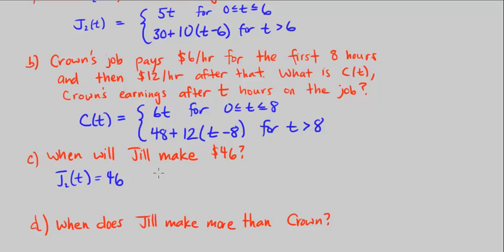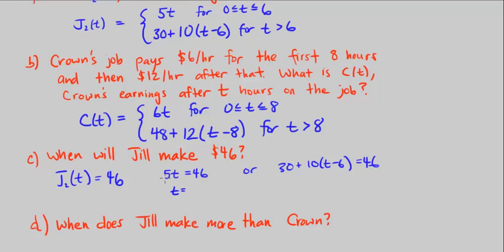So let's look at 5 times t is equal to 46, or maybe 30 plus 10 times (t minus 6) is equal to 46. I'm just taking both pieces and setting them equal to 46 and seeing when that's true.